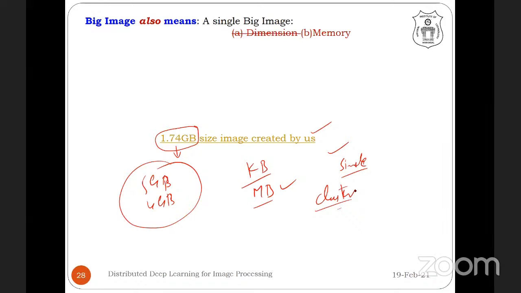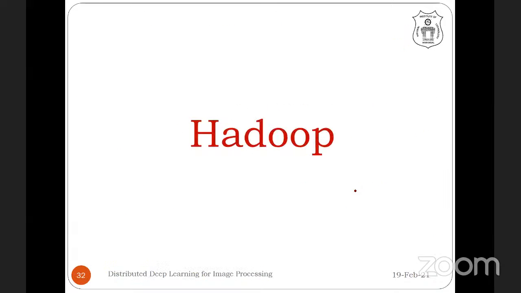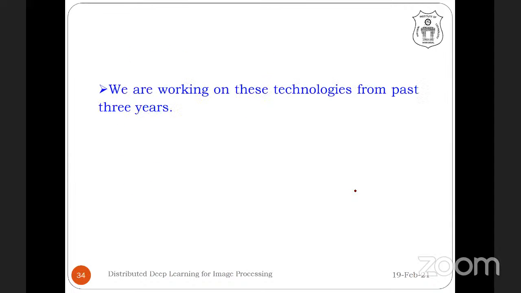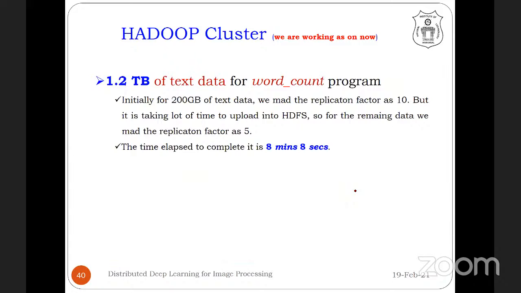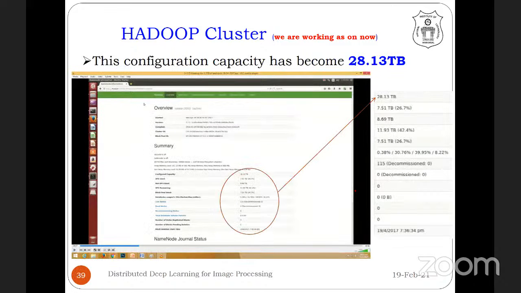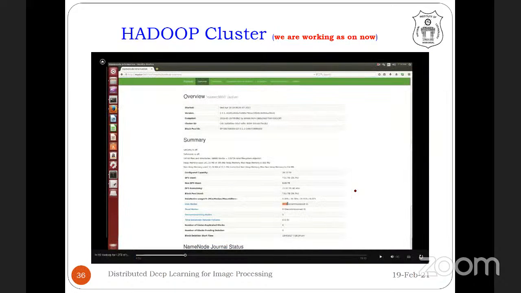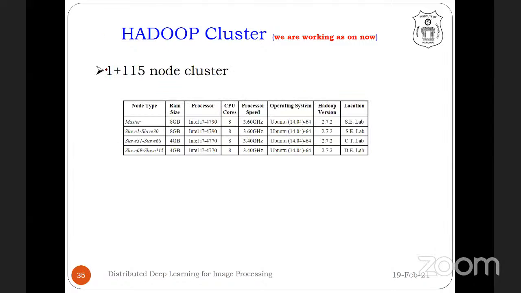Now for this we have used Hadoop as the software, and I'm skipping all this. This is the cluster with 116 systems. One is known as the master node, and these are known as slave nodes. This is the cluster configuration which we made in our college, NIT Warangal, and these are the systems' configuration, processors and CPUs in that.